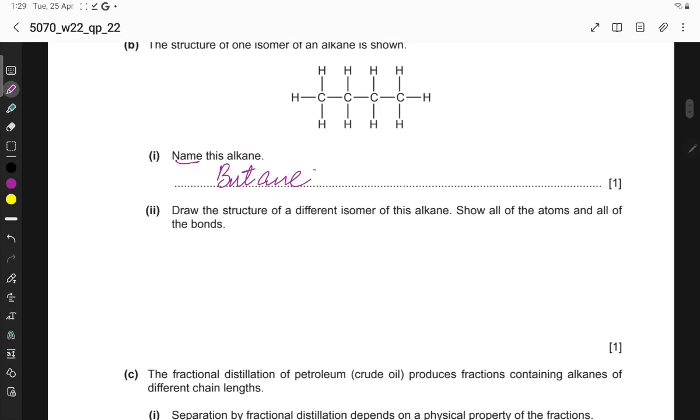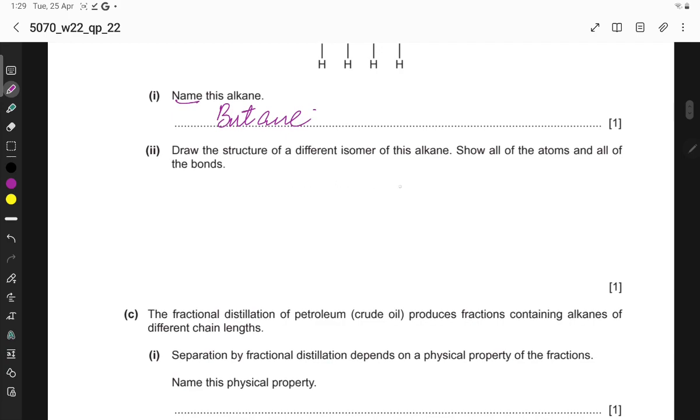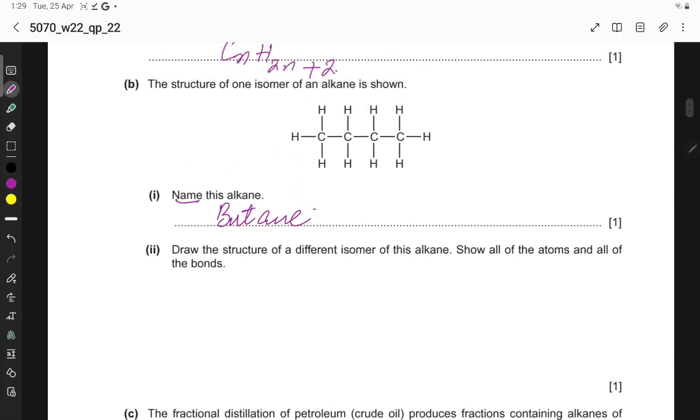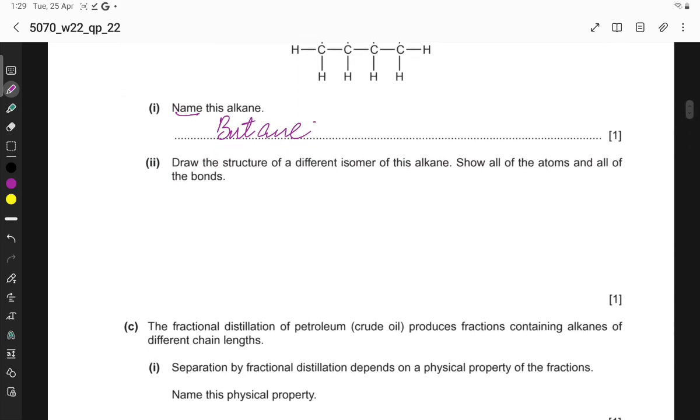If asked for a name, always write down the name. If you write down C4H10, this will be considered wrong. Draw the structure of a different isomer of this alkane. This is one structure, and you need to draw a different structure from this one.